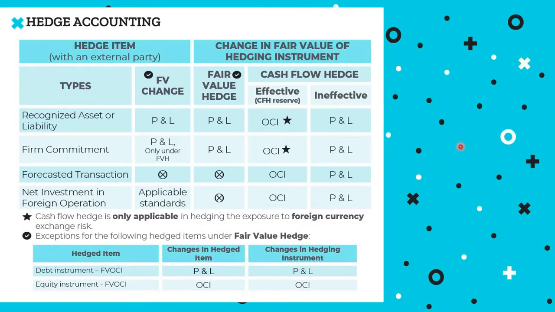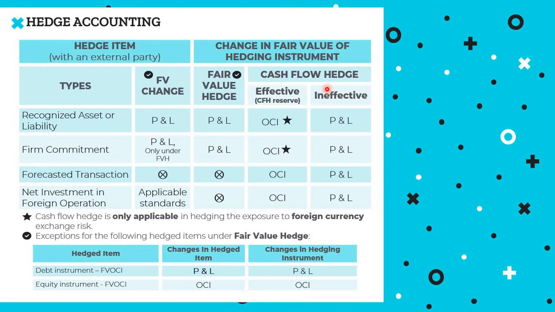Ang sabi dito sa ating matrix, kapag ang ating derivative instrument is designated as a hedging instrument in a cash flow hedge relationship, dapat daw yung change sa value ng ating hedging instrument should be allocated sa effective and ineffective portion.